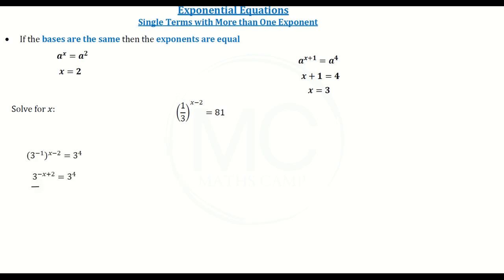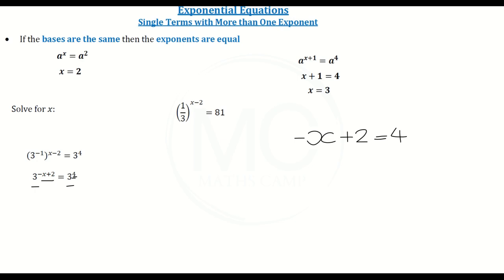Now we have a base of 3 and a base of 3, which means our exponents are equal. So we have negative x plus 2 equal to 4.